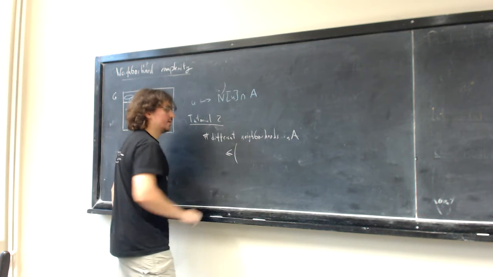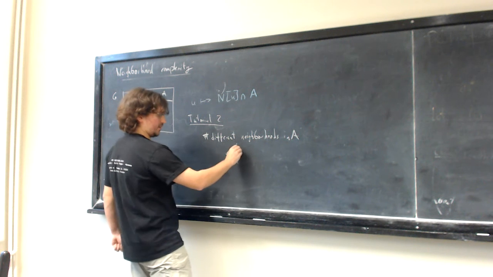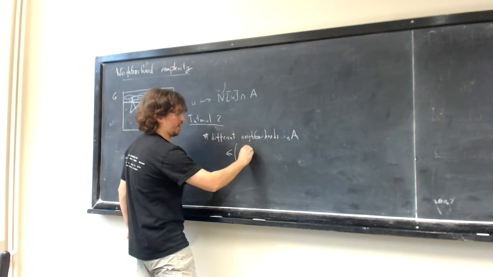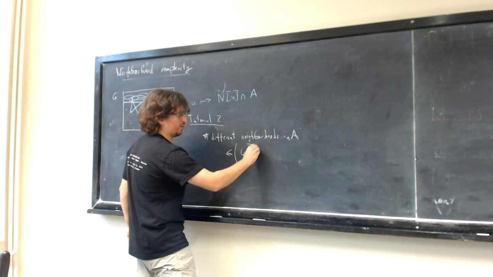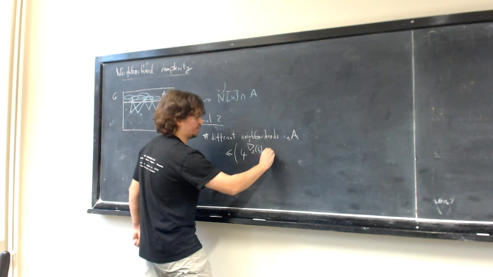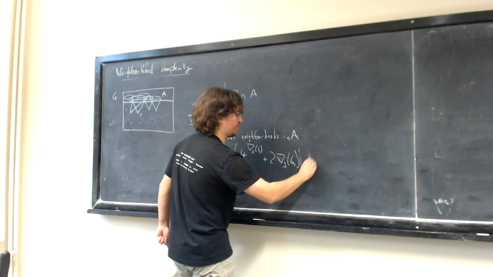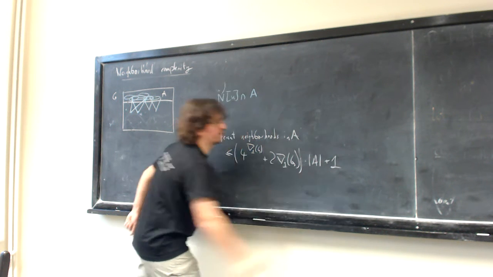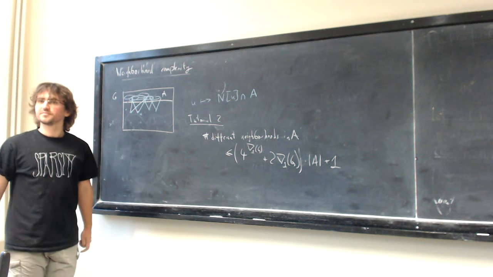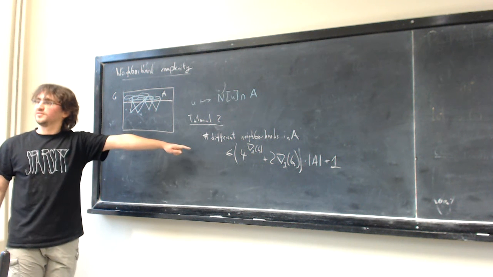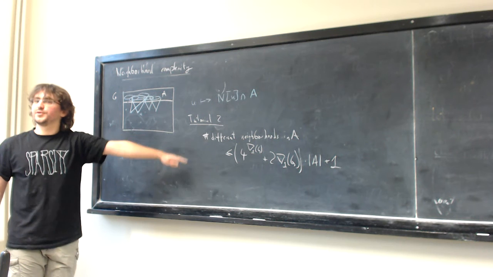now I think it was 4 to the power grad 1 of the graph plus twice grad 1 times size of A plus 1 for the empty neighborhood. I hope that this is correct. As far as I remember, this was the bound. Yeah?